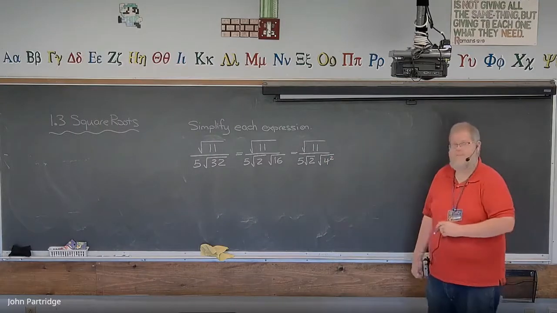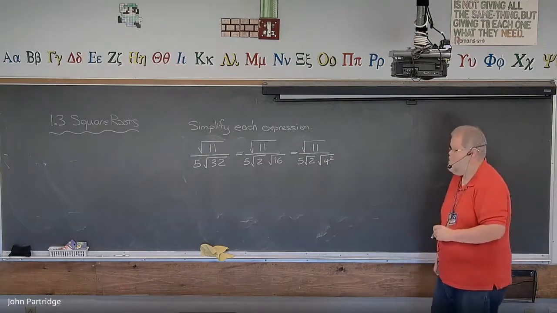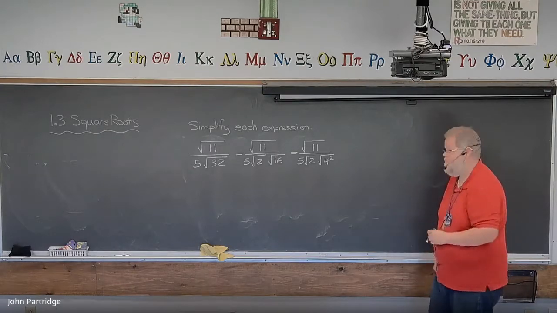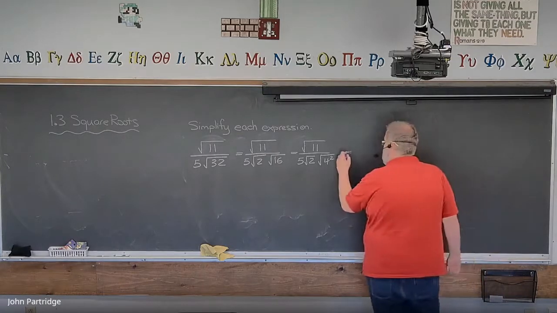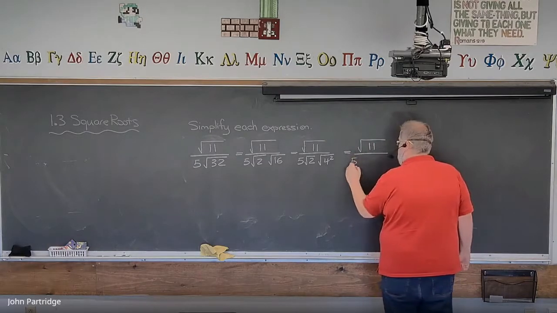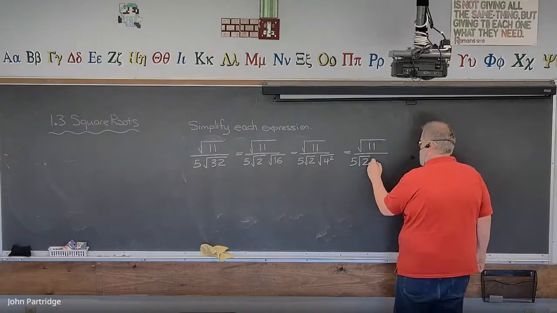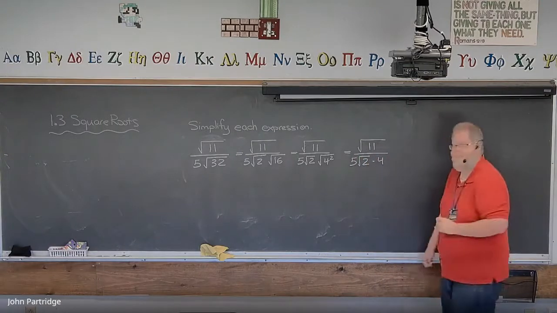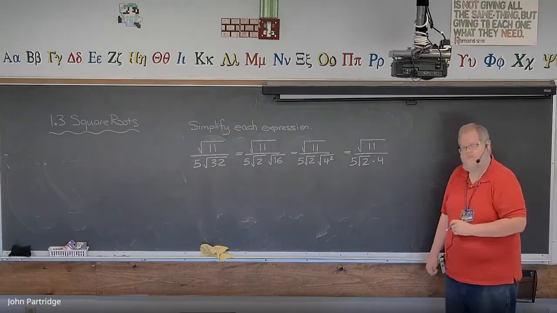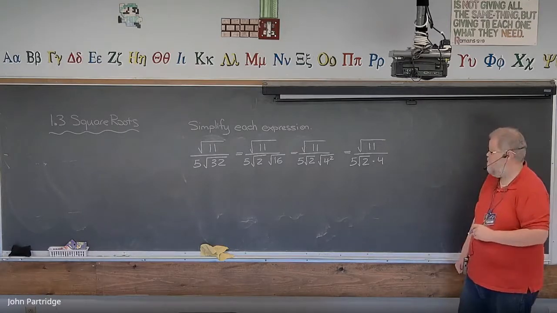The square root of 11 divided by 5 square roots of 2 times the square root of 4 squared. The square root of 11 divided by 5 square roots of 2 times 4.